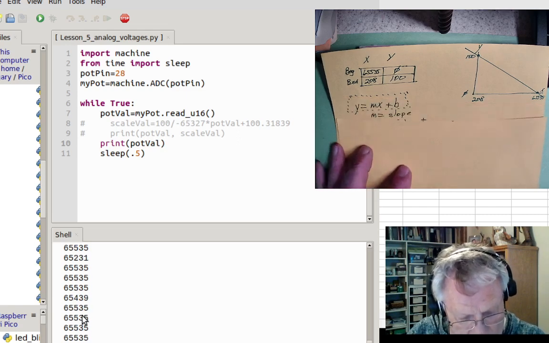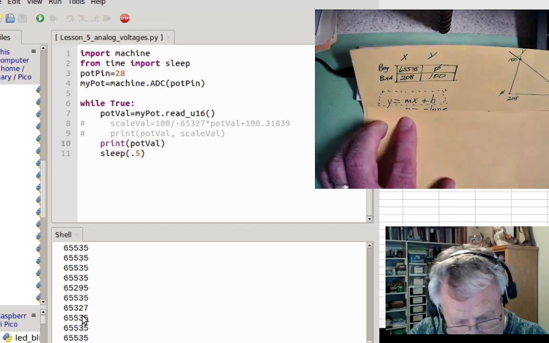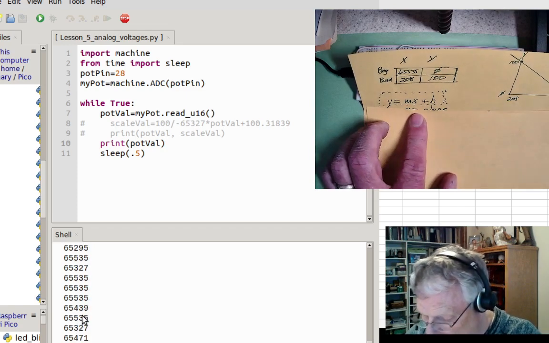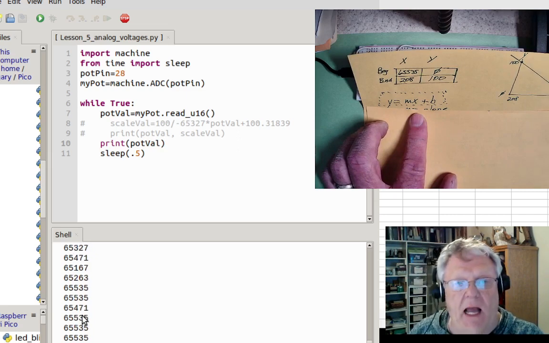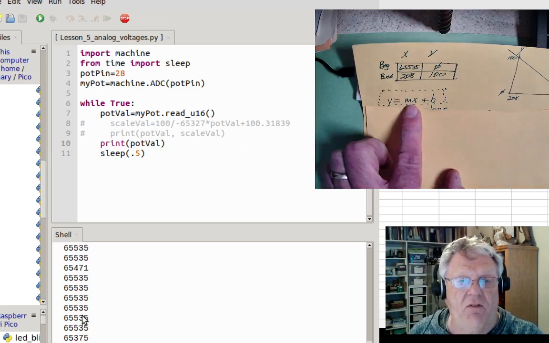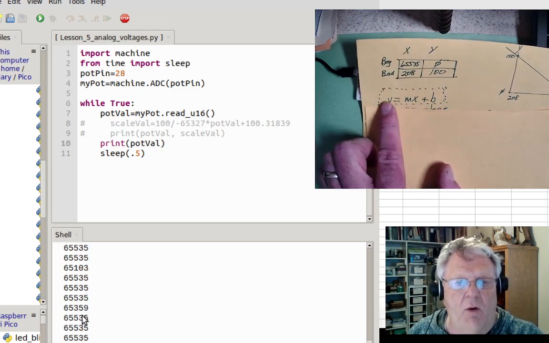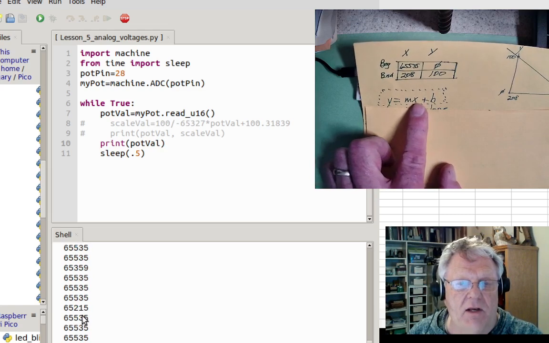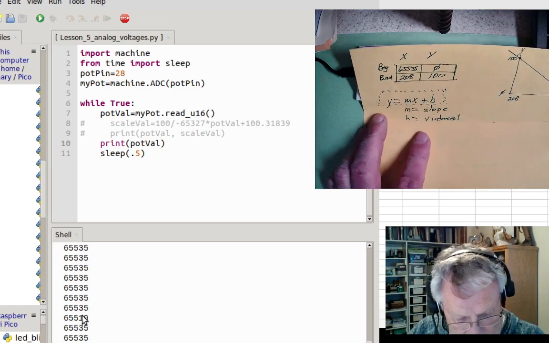I had to start with this formula right here, y equals mx plus b, which is the slope-intercept form of a straight line. So this is the formula that I'm going to be working with, and I'm going to keep returning to this little formula. So we know what the y is, we know what the x is, so let's figure out what m and b are.